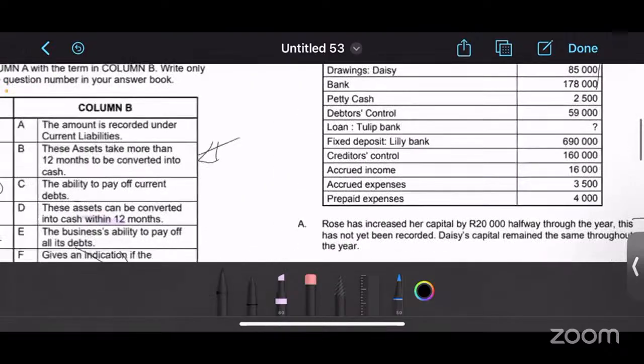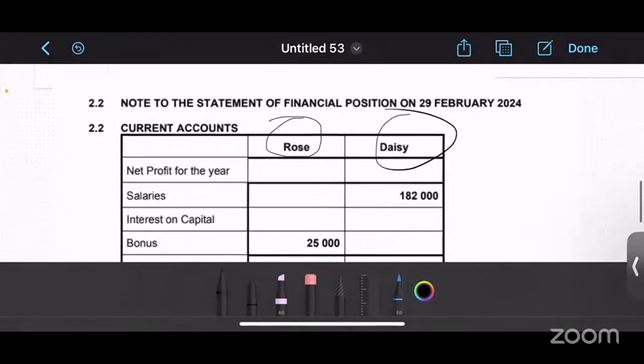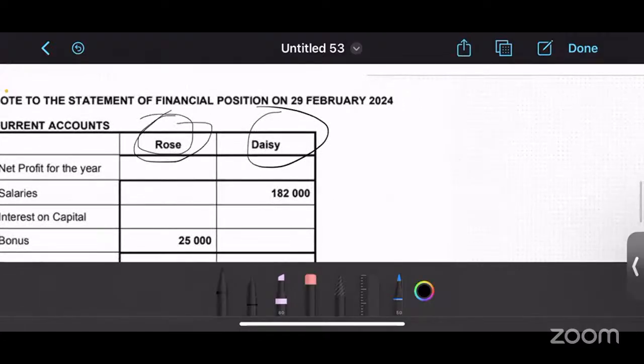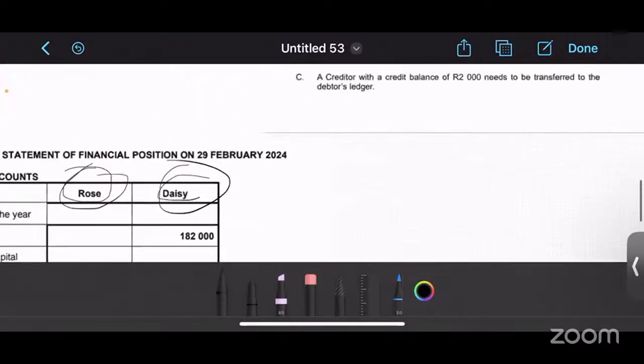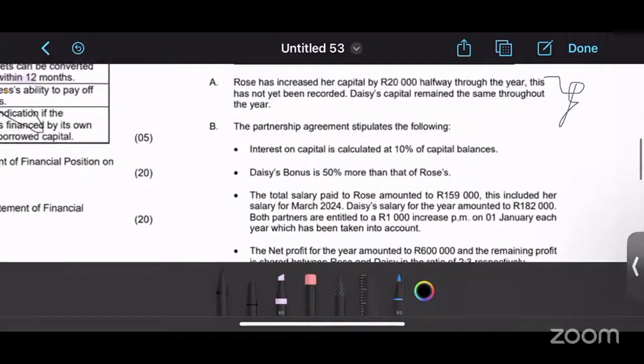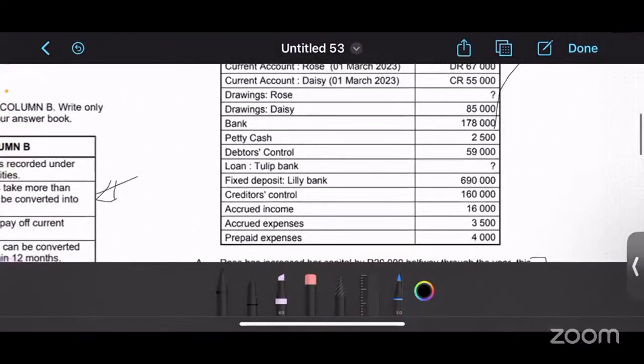But when you are doing this note, you have a column for Rose and Daisy. So you're going to be calculating for Rose singularly and then for Daisy on the side. You're not gonna combine the two amounts. Okay. What is it gonna be now?